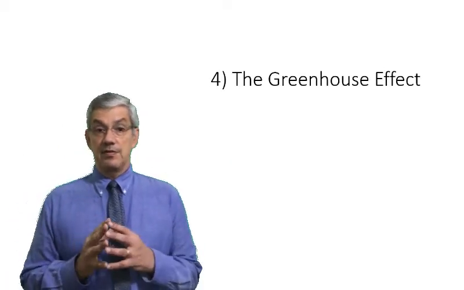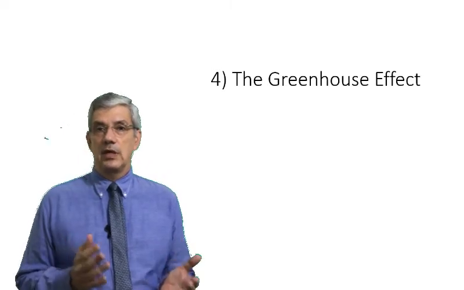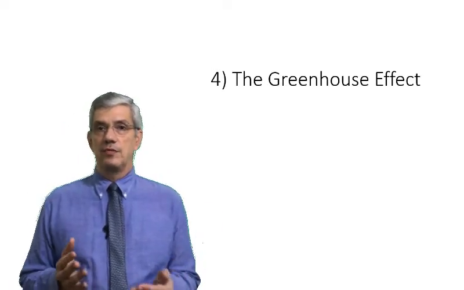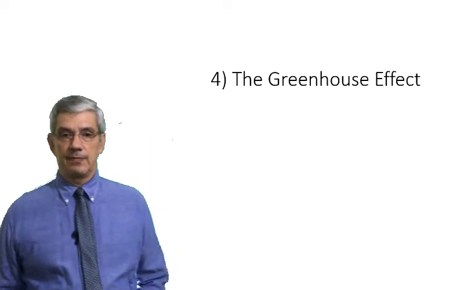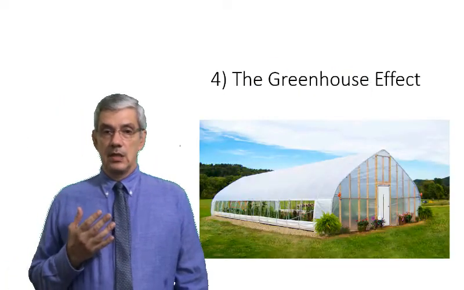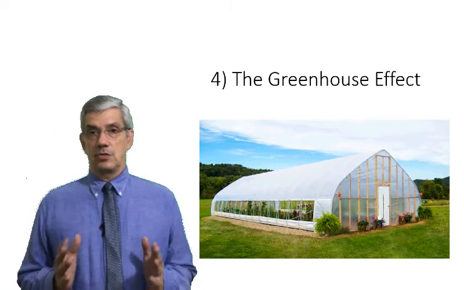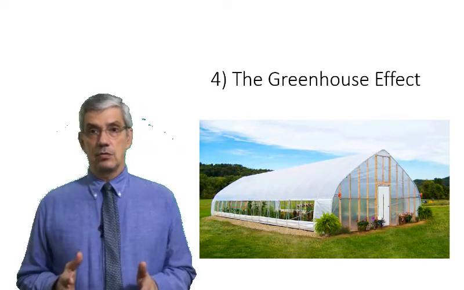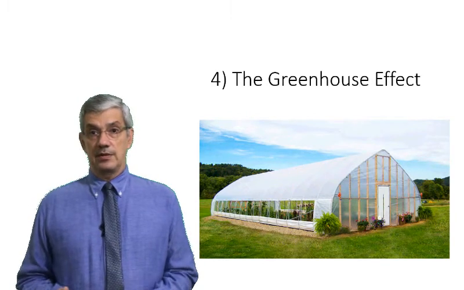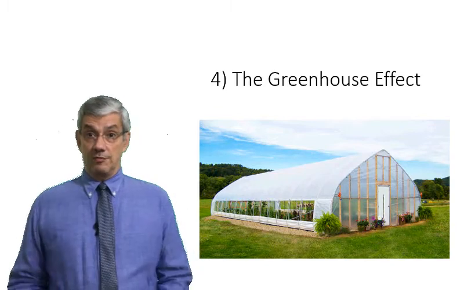So, the first thing is, why this name? What does a greenhouse have to do with the greenhouse effect? Look at this picture. The greenhouse is a construction whose ceiling and generally also the walls are transparent. Generally, they are covered with glass.